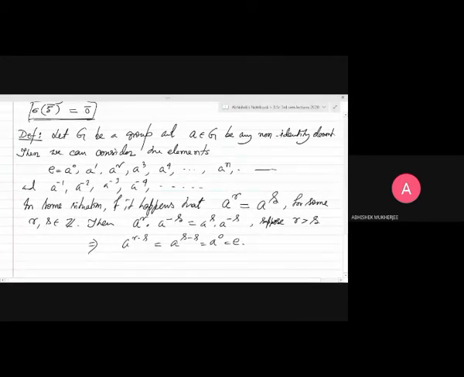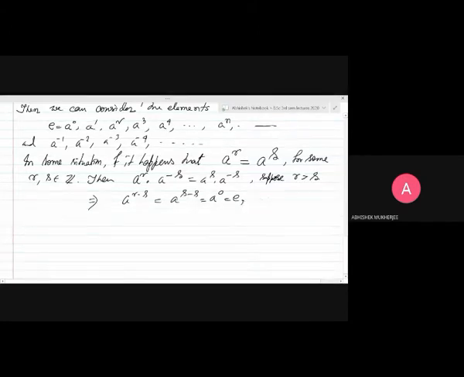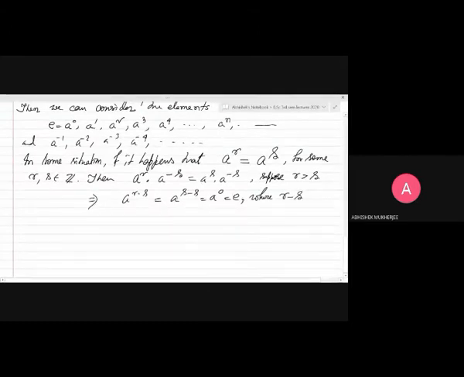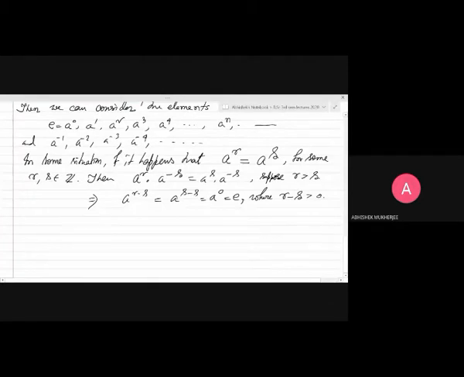So this gives you that some power of a is going to be identity, where r minus s is greater than 0.